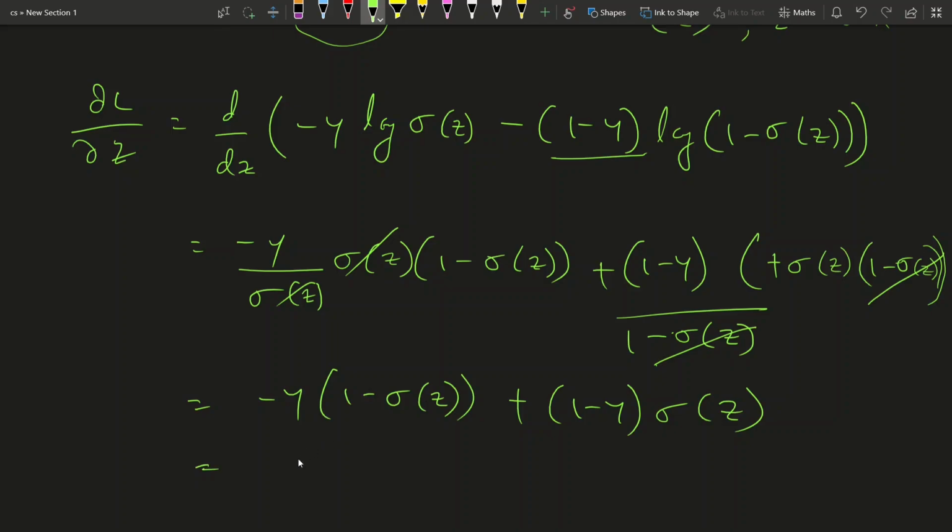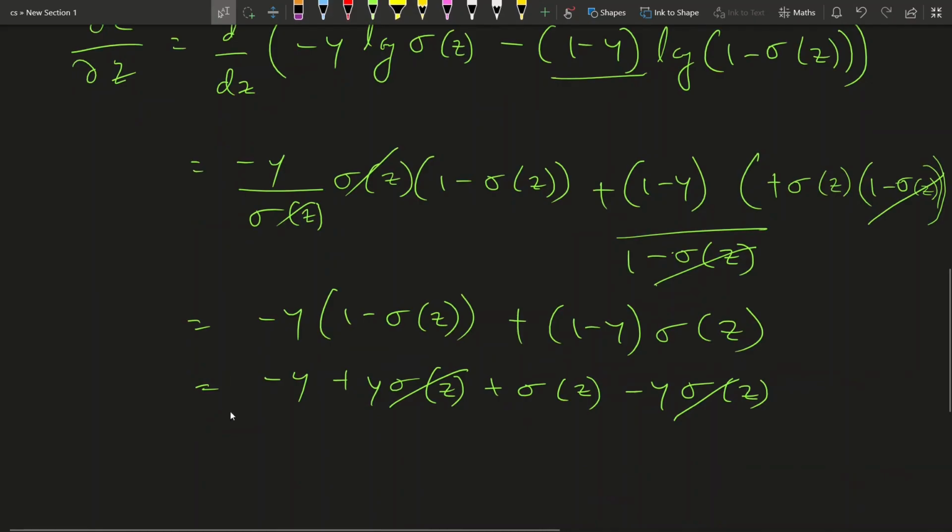Now I can just simply open the brackets. If I do that, then I will get 1 and plus y sigmoid of z. This is my sigmoid of z and minus y sigmoid of z. So this thing and this thing get cancelled. So what I will get? Ultimately, this boils down to sigmoid of z minus y.